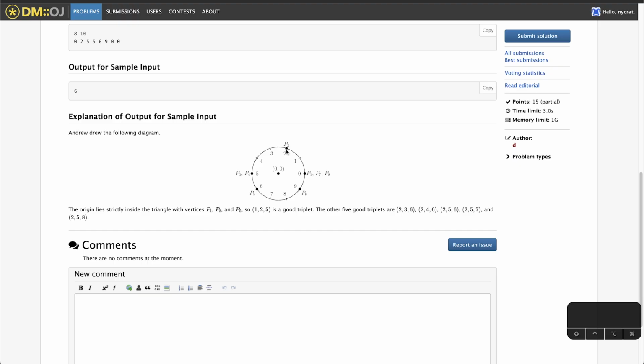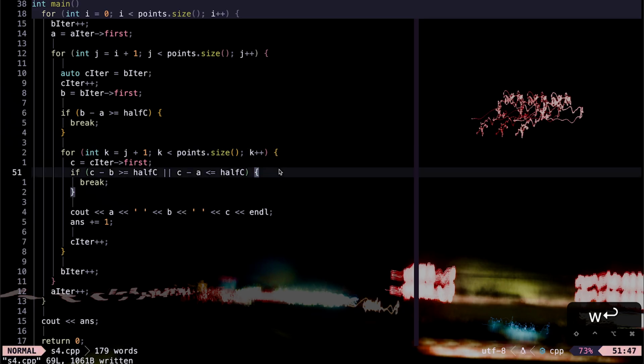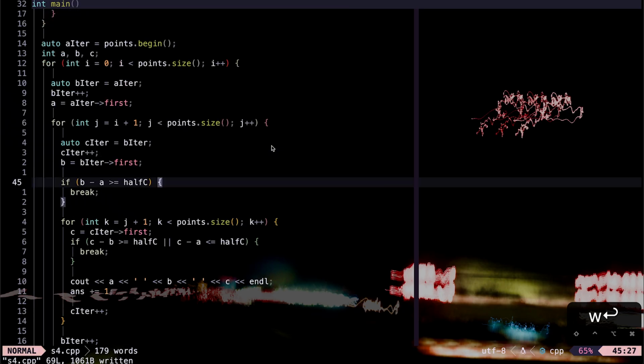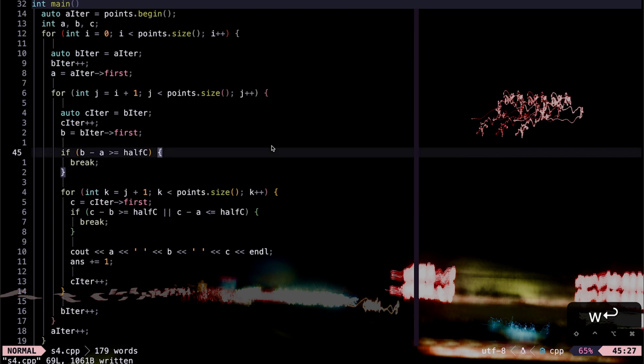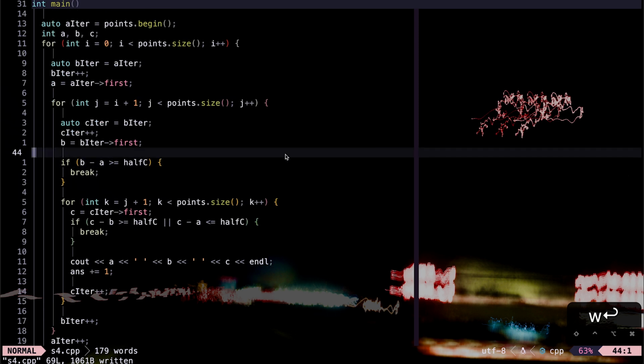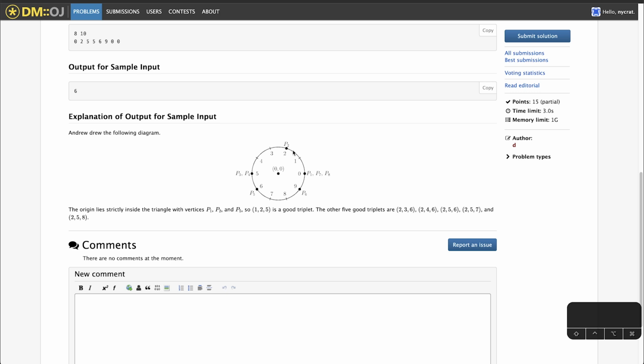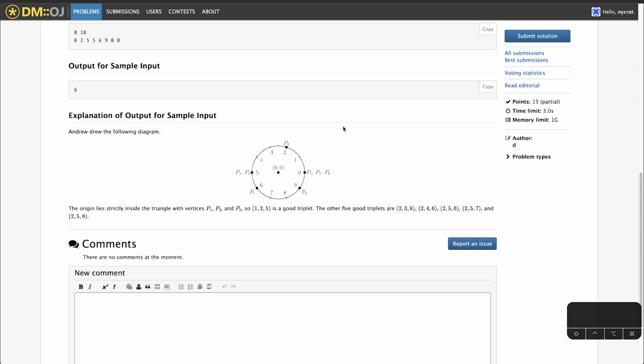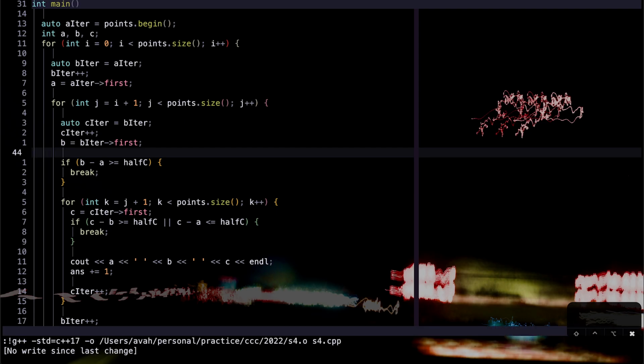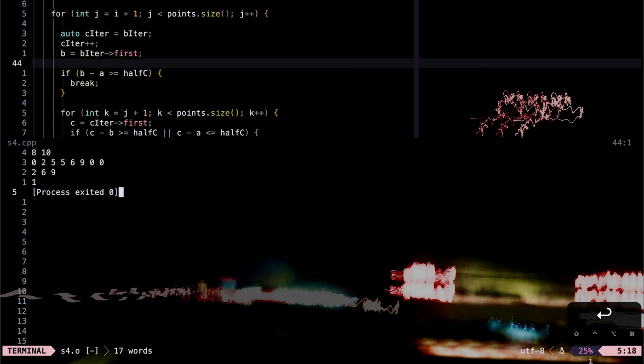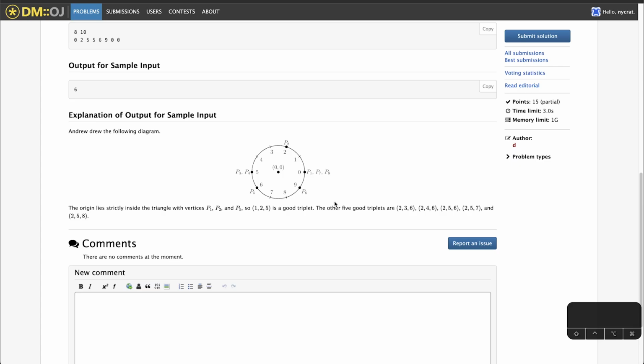I mean, it should work. Completely bewildered. Unlucky. I don't see what's wrong with this. Why shouldn't 0, 2, 6 work?